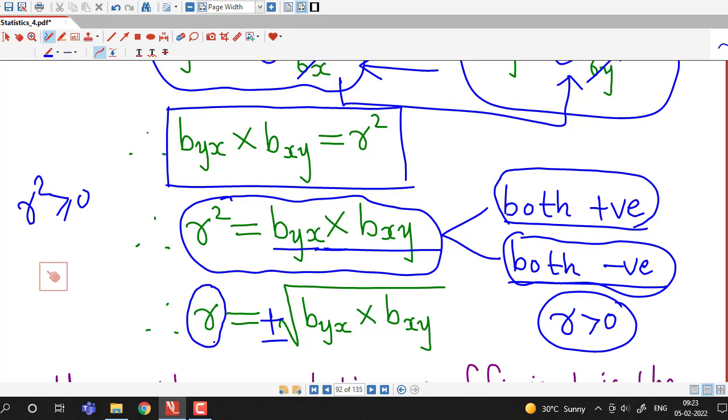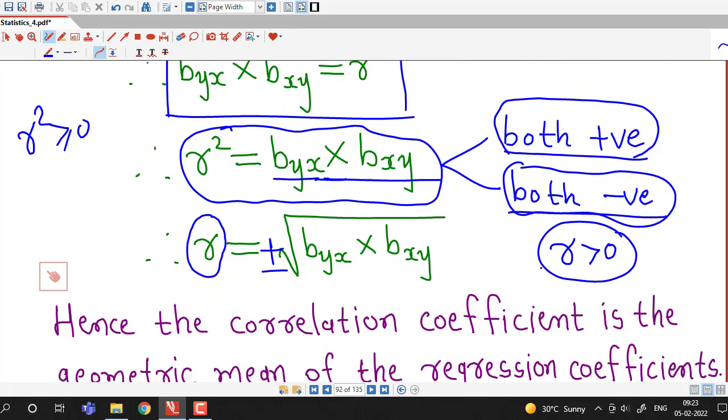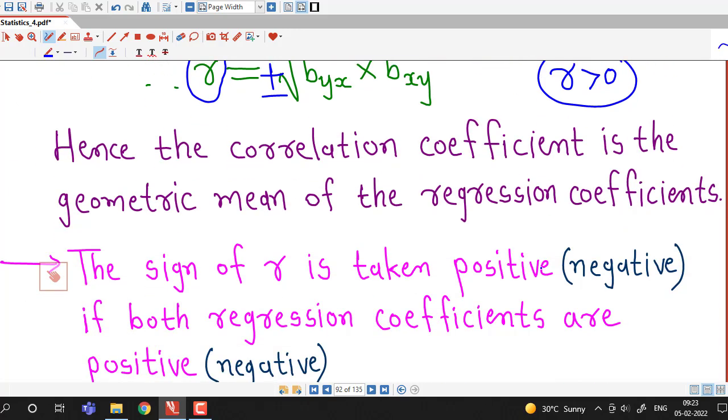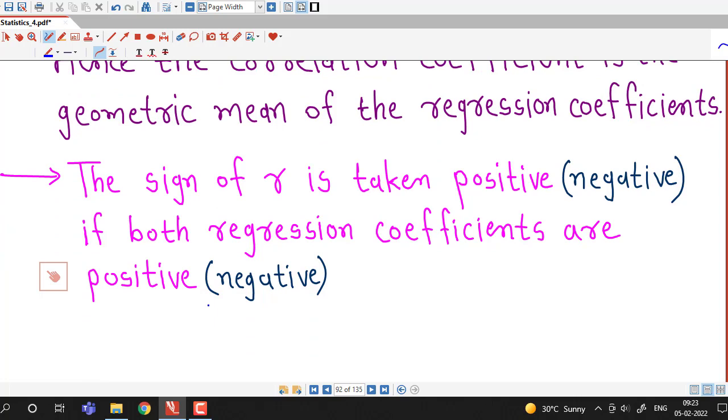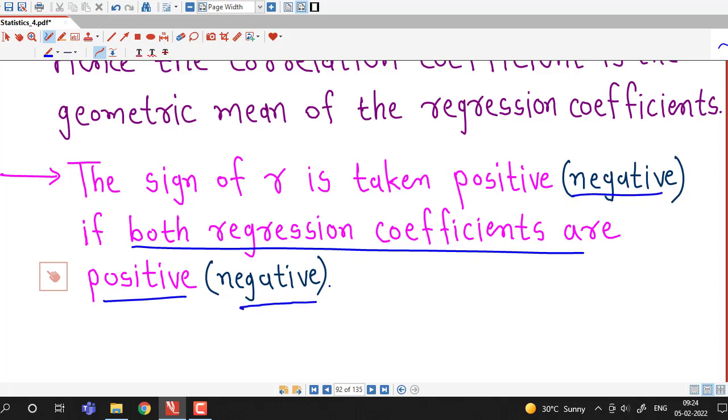So the sign of the correlation coefficient depends on the sign of the regression coefficients. If both are positive, r is positive. If both are negative, r is negative. So here I have written that the sign of r is taken positive if both regression coefficients are positive, and the same thing for negative.